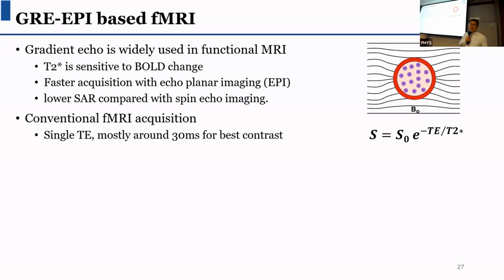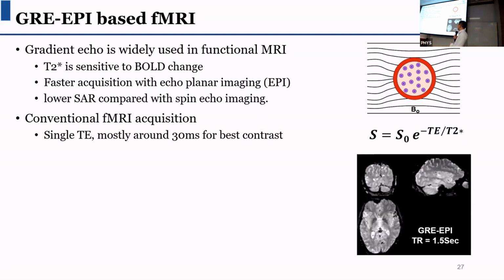That means this TE value is set to around 30 milliseconds for the best BOLD contrast. This is a very simple gradient echo EPI BOLD image I collected from our Prisma scanner. Because it has very good field homogeneity, you can get quite a nice GE EPI image like this.